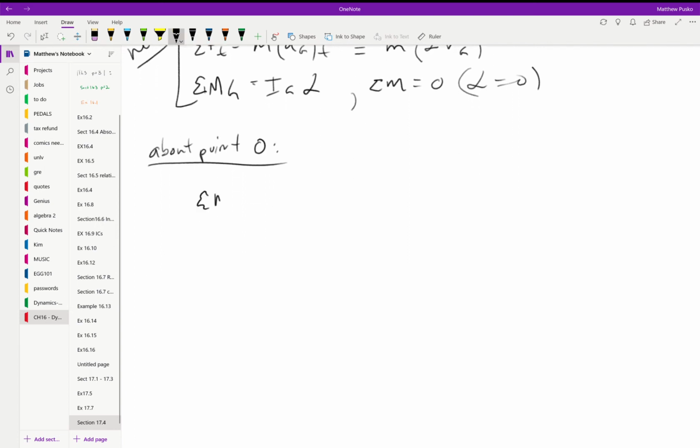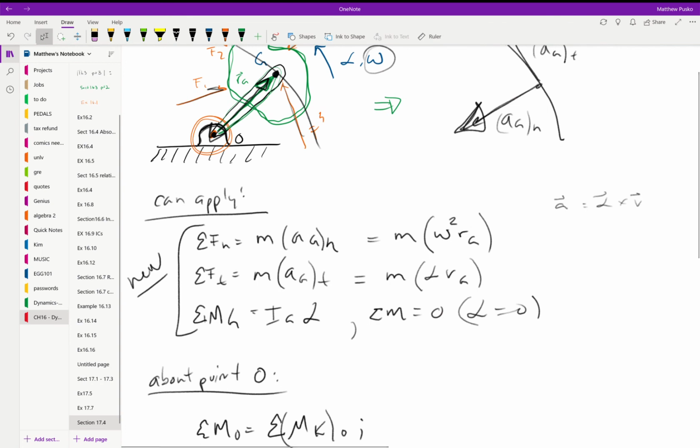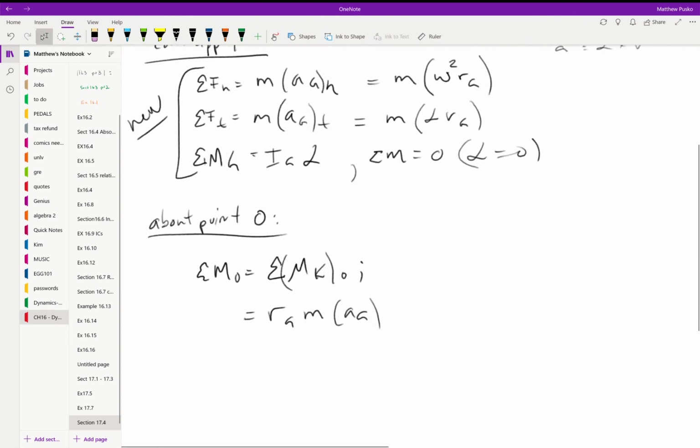Summation of the moment about O is equal to, we're going to use the kinetic moments about O. Well, that would be r g times mass times the acceleration of g, and in this case, about O, we're only going to have the tangential direction component, the acceleration in the tangential direction.